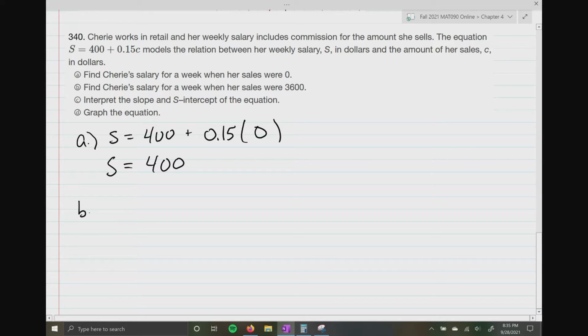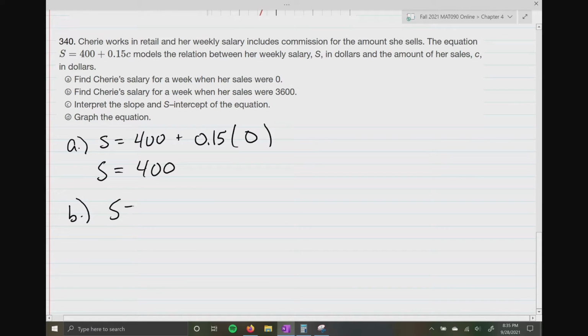Part B, find Sherry's salary for a week when her sales were $3,600. So S equals 400 plus 0.15. Put parentheses first, then make your substitution. So now I'm going to need that calculator again.